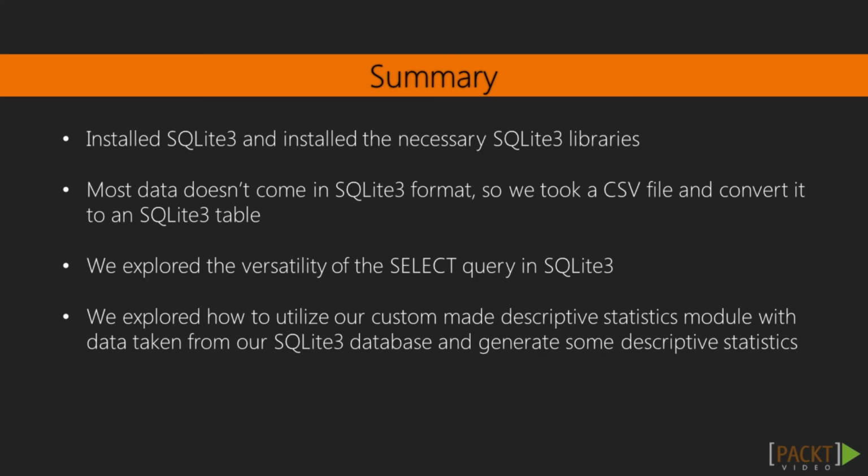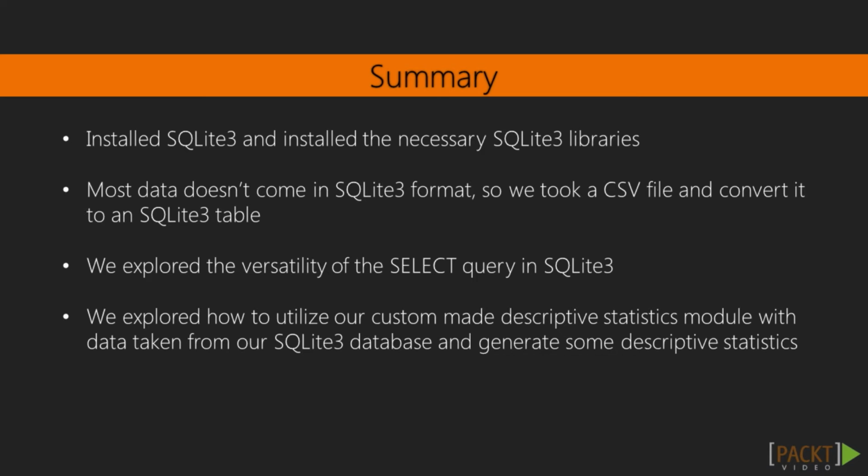It's time for our section summary. So in this section, we installed the SQLite 3 command line utility and installed the necessary SQLite 3 libraries for working with data in the IHaskell environment. Most data doesn't come in SQLite 3 format. Most data comes in that CSV format. So we covered how to convert a CSV file into a SQLite 3 table.